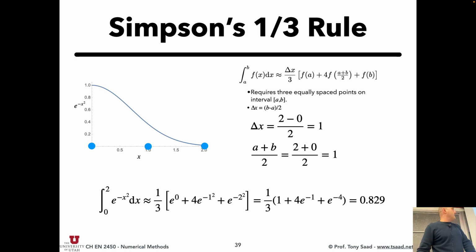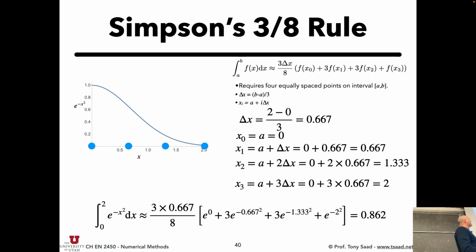The last slide, which is the most tedious by hand, is for the 3/8 rule. The most tedious part is first figuring out those points. The first point is a, the second point is a plus delta x, a plus 2 delta x for the third point, and the last point is b, and then you evaluate the function at those points.